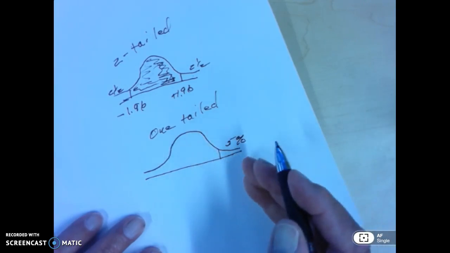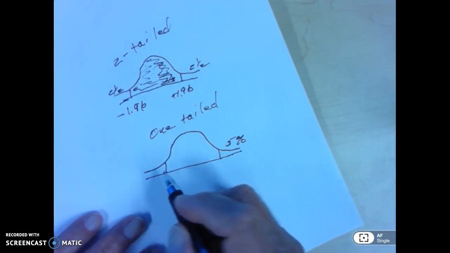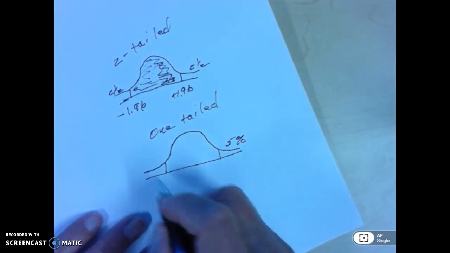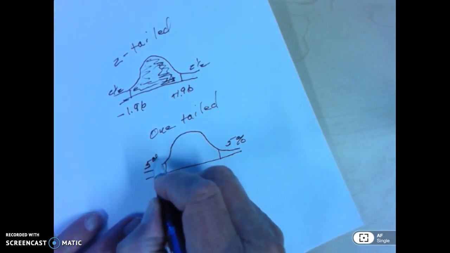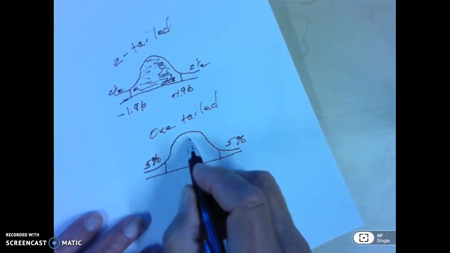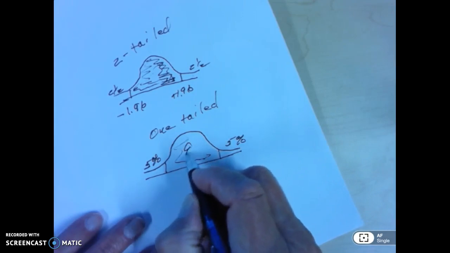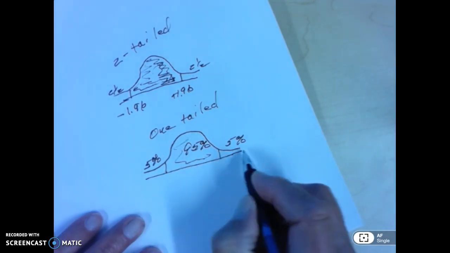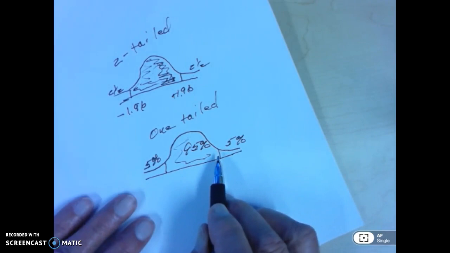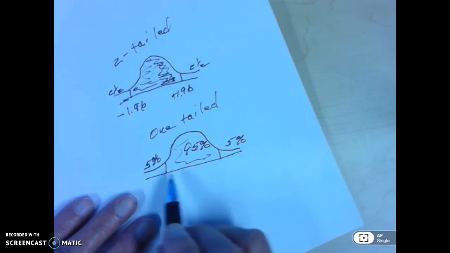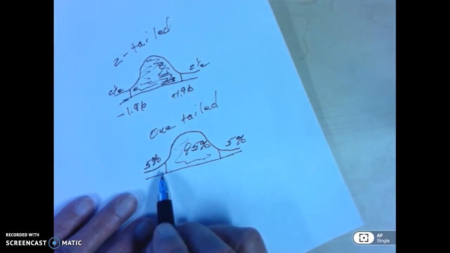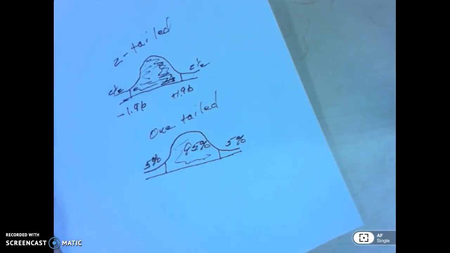And that's on the positive end. Or we can take it and put it on the negative end, which would be 5% down here. But nonetheless, this would still remain 95%. And this is the one tail. We can either put it on this end or we can put it on this end. And this is what I want you to understand about the 1 and 2 tail test. If you have any questions about it, I would be more than happy to discuss this with you.